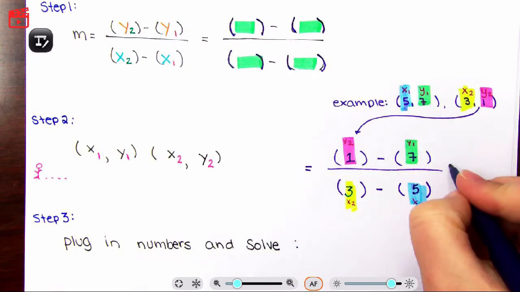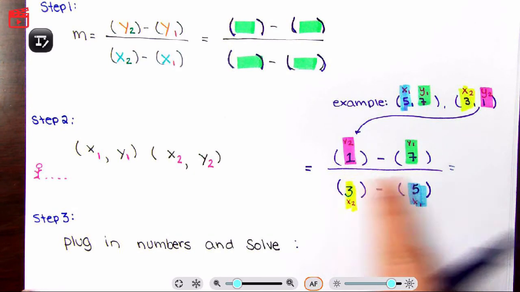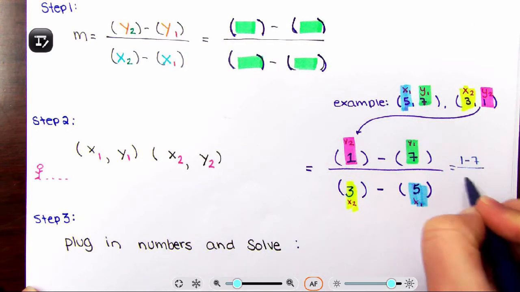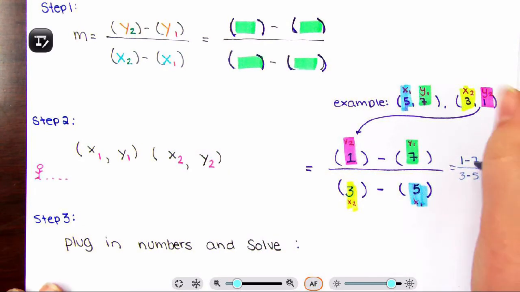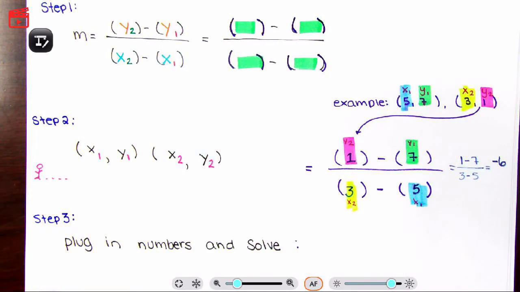So how do I solve this? Well, I'm going to see if there's anything that needs to be simplified. For example, if there's anything like 2 negatives next to each other, that makes a positive. I don't have too many things to do, so I have 1 minus 7 divided by 3 minus 5. Use a calculator if you need to. 7 take away 1 is 6, but I have more negatives. 5 take away 3 is 2, but I have more negatives.